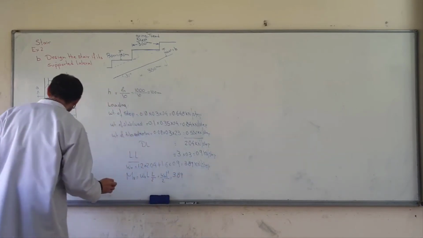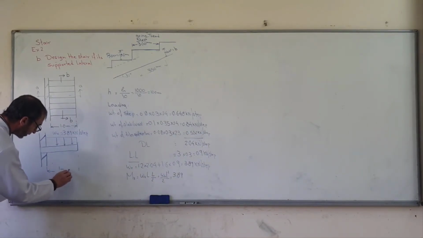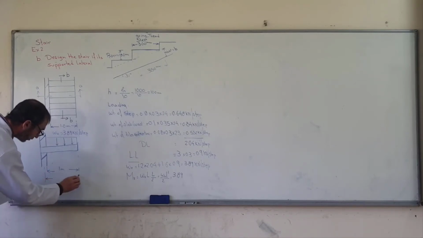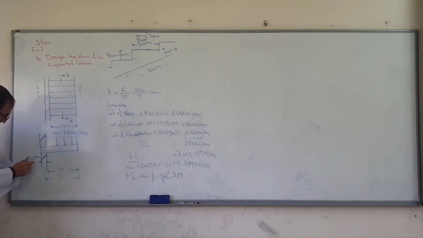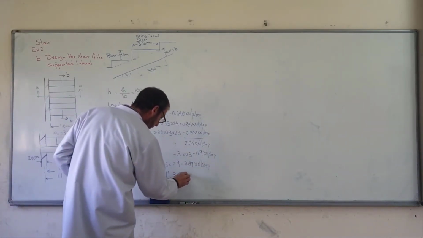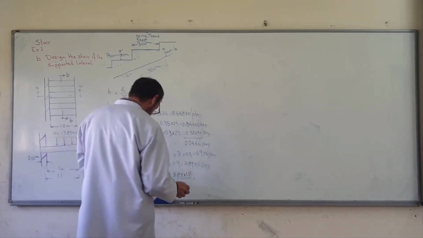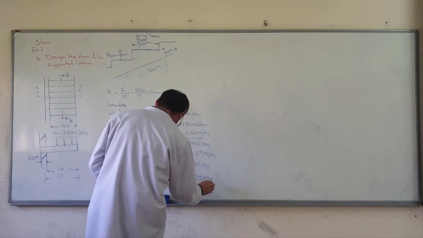This distance is 1 meter, the clear length. While the distance from the center is L plus 0.1, given in the problem as 0.2. So M equals 3.89 times 1.1 square over 2, which is equal to 2.35 kilo Newton meter per step.